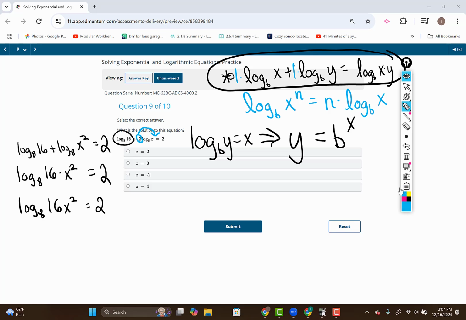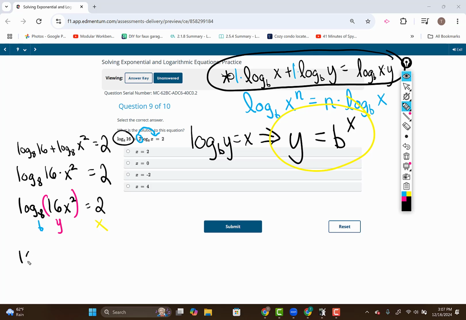So our base is 8. Our y is 16x squared. And our x is 2. So we're just going to take those and rearrange them into this form.